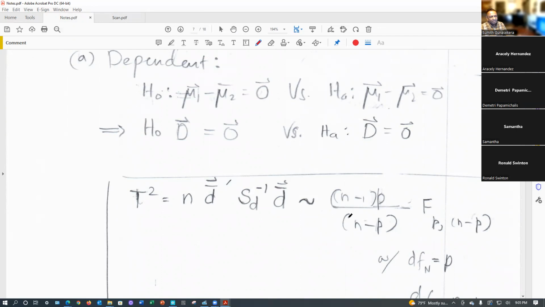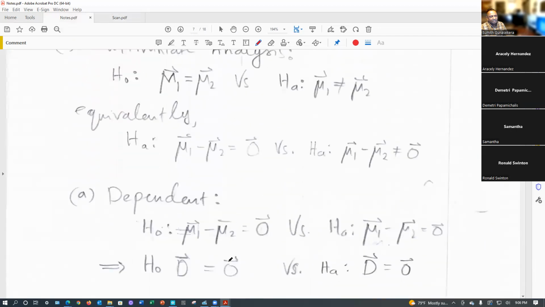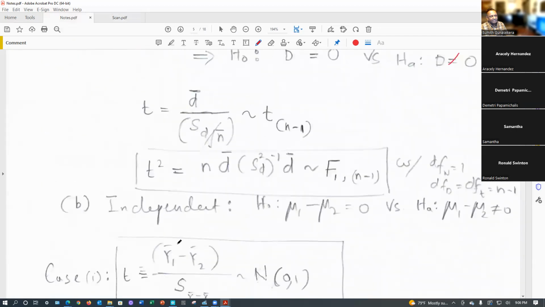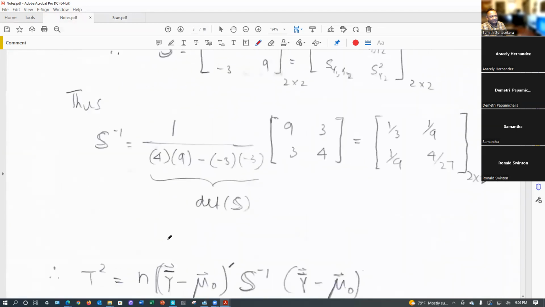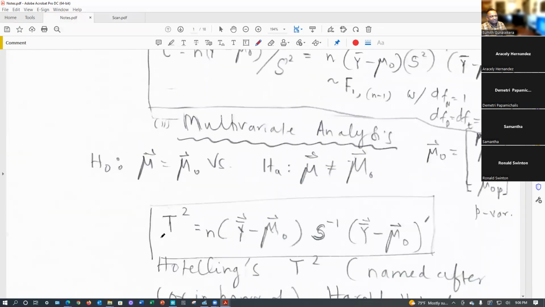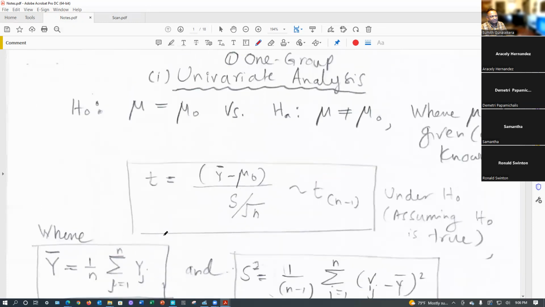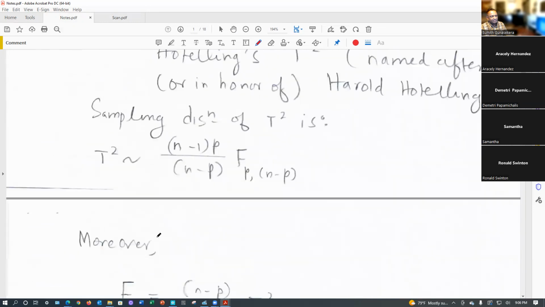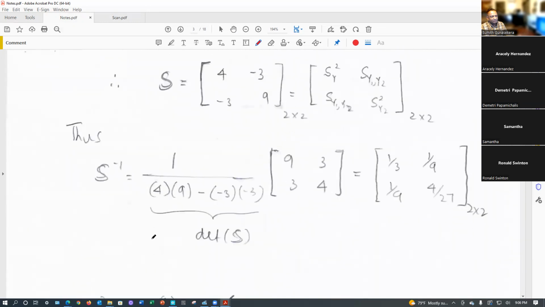When you take this one you can get the univariate case. When p equals 1, the n minus 1 factors get cancelled off, leaving 1 and n minus 1, the same thing you saw in the univariate case under dependent. When you have two groups, sorry, two groups.